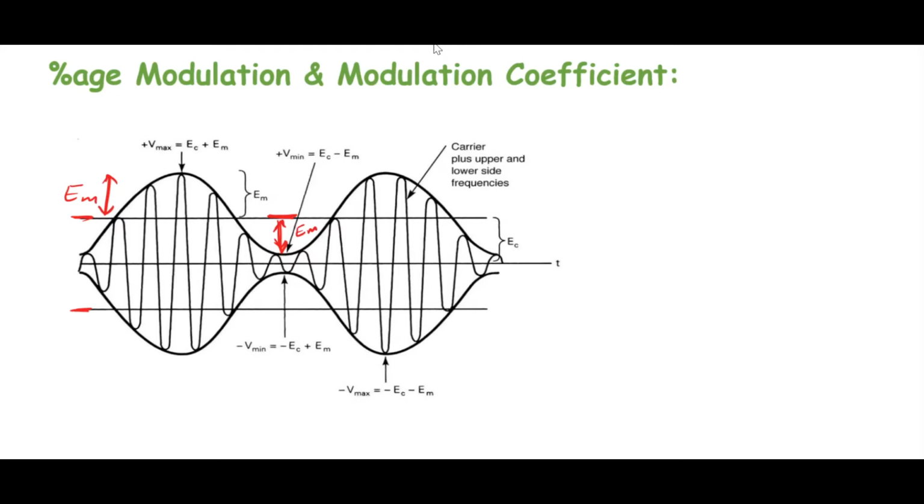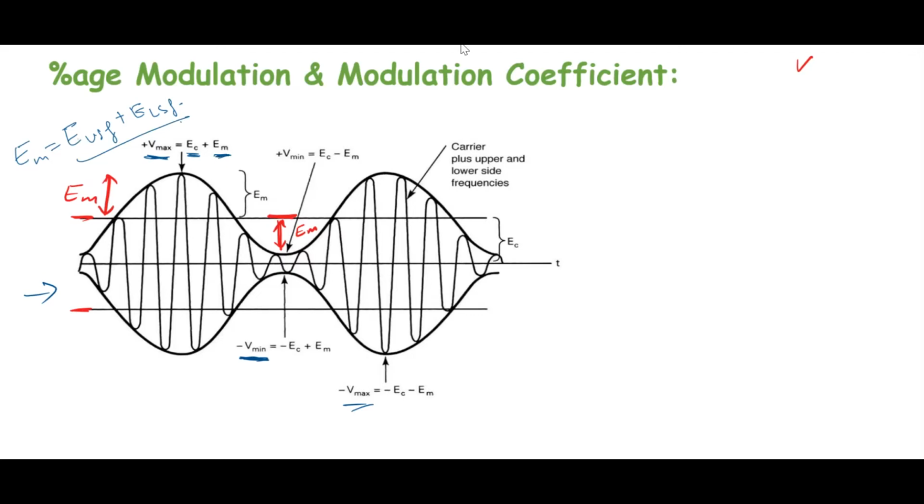We have already discussed it in the previous lecture with an example. This Em is equal to EUSF plus ELSF, the upper side frequency voltage and lower side frequency voltage. It fulfills the condition we discussed last class: Vmax is equal to the amplitude of carrier plus the amplitude of these two phasors, and in short we can write it as Em.